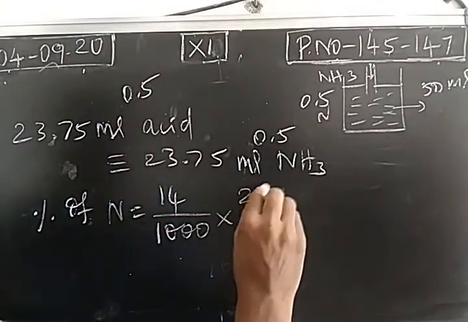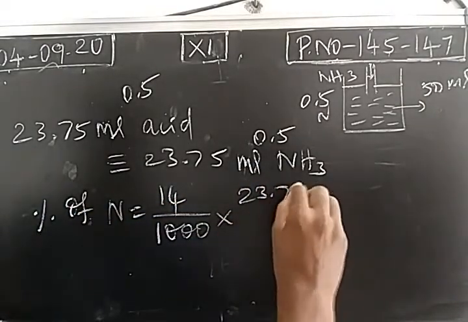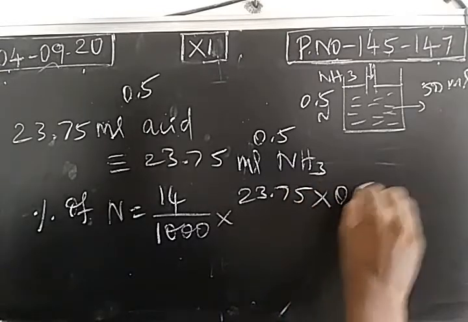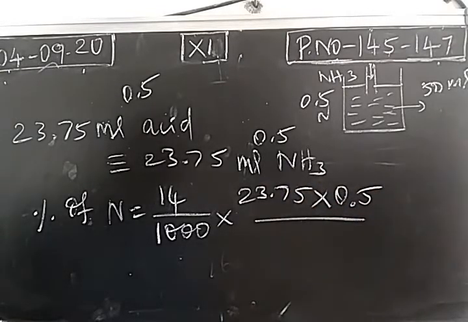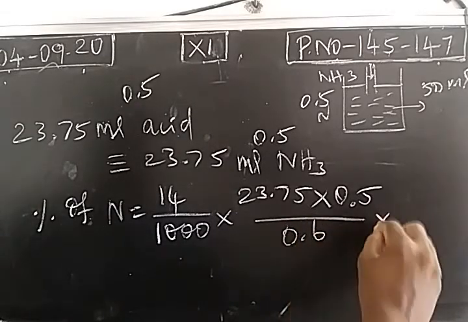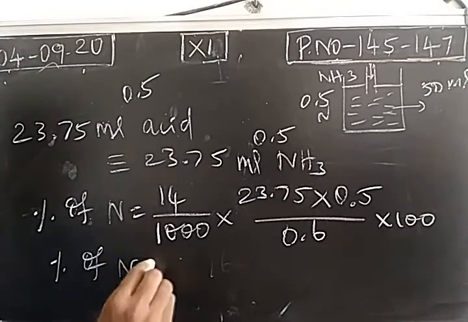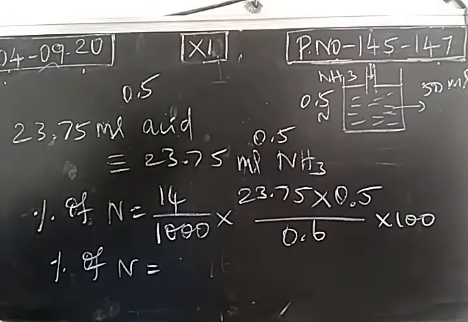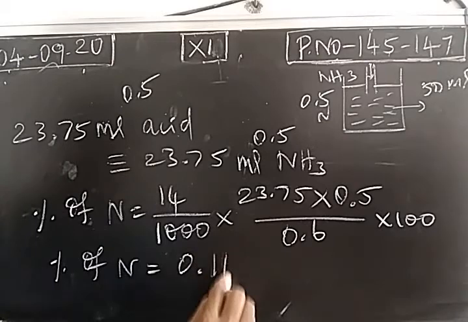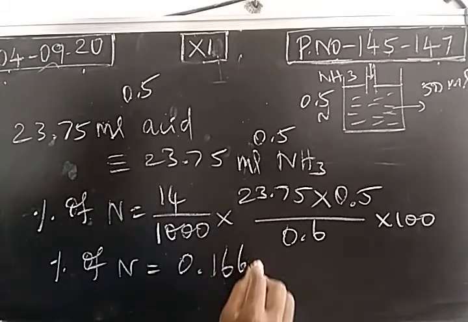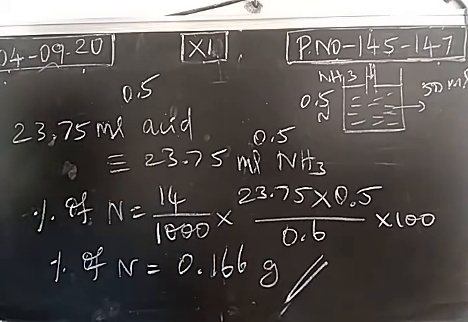Volume 23.75 and concentration 0.5, divided by weight of organic substance 0.6, multiplied by 100. So percentage of nitrogen is equal to 0.166 gram. So this is the way to calculate percentage of nitrogen using Gelder's method.